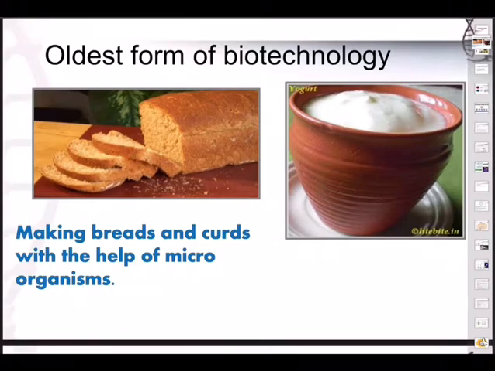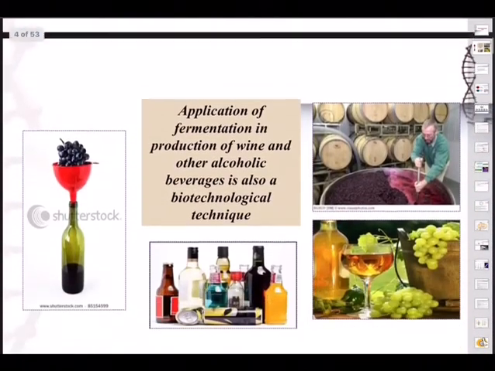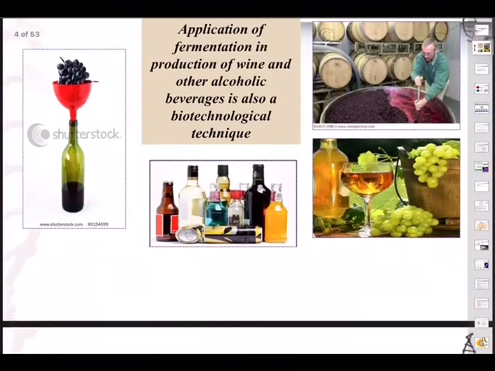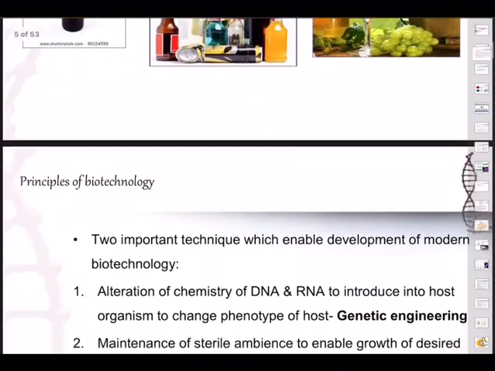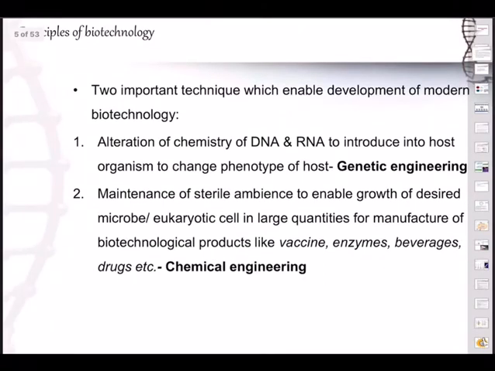Compulsorily there is a fermentation process, yeast will be there. So the oldest form of biotechnology is being used at home, and similarly in some small industries you must have seen the application of fermentation in production of wine and other alcoholic beverages, which is also a biotechnological technique. So in all this the microbes are used.